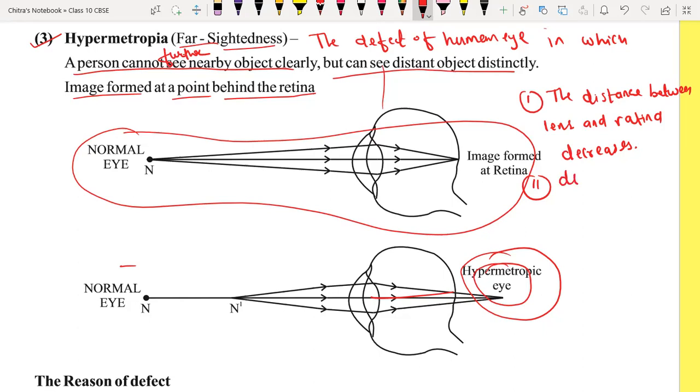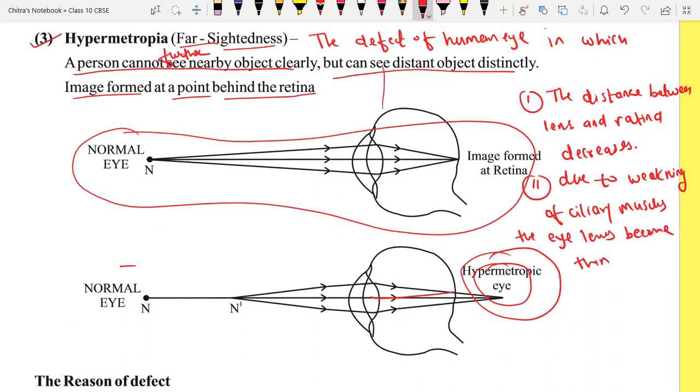So due to weakening of ciliary muscles, the eye lens becomes thin.